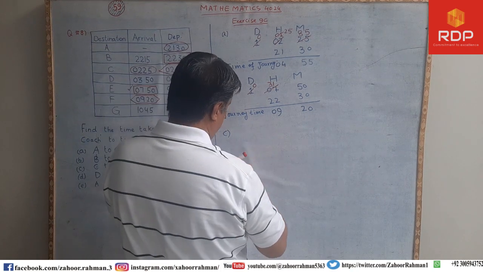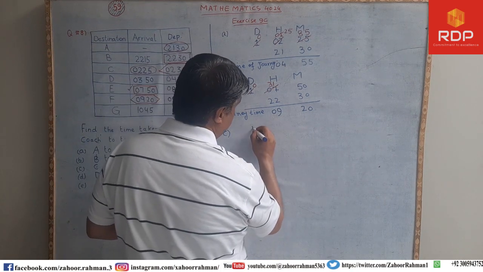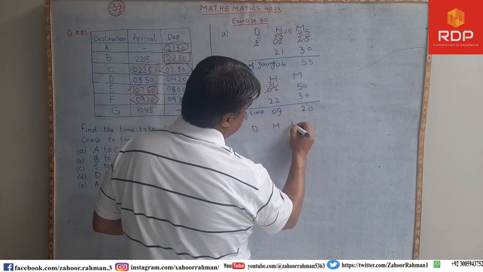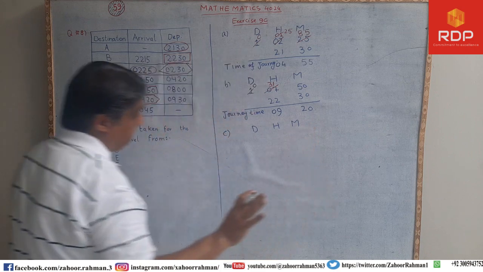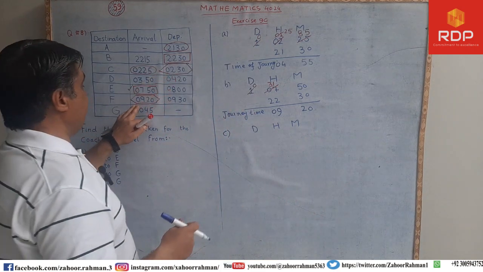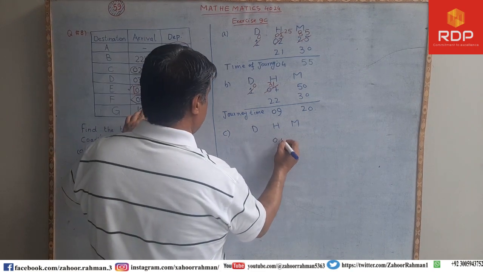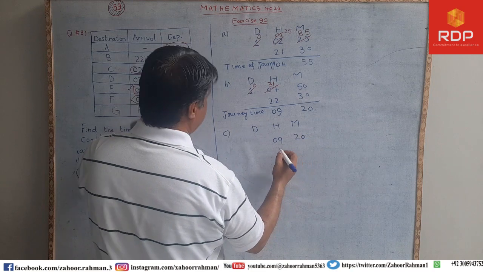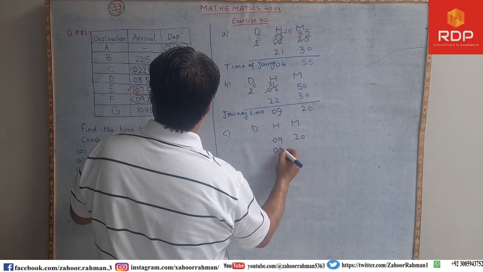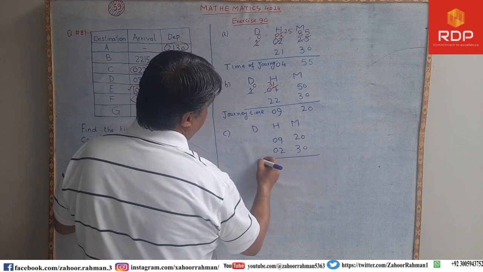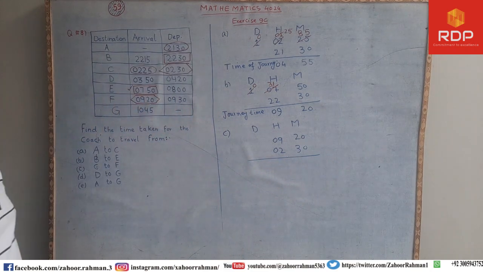But after all, you have to write day, H, and M. Make it your habit. So we have to write 0, 9 and 20 and then 0, 2 and 30 we have to subtract from it.